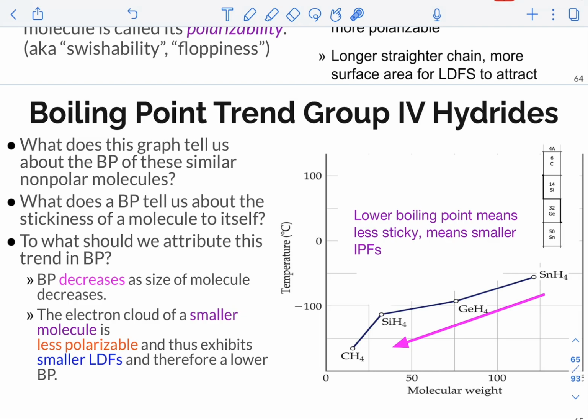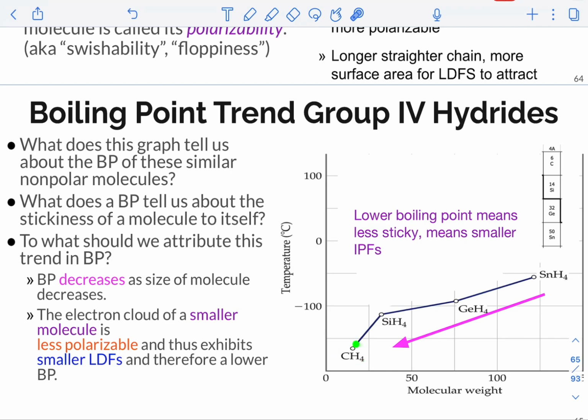Melting point and boiling point are just the energy you need to overcome any interparticle forces. Okay, so the stronger the interparticle forces, the higher the boiling point or melting point will be. The lower, I should say, the weaker the interparticle forces, the lower the boiling point and melting point will be. So that's where this comes from.